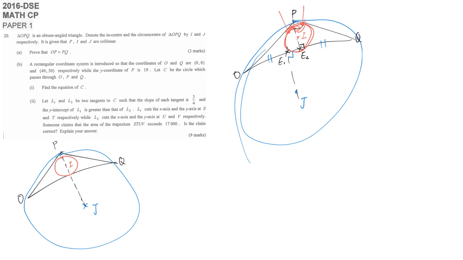Collinear means that they intercept OQ at point E. It's not 1 and 2, but they are one single point. This is perpendicular, this is perpendicular also.